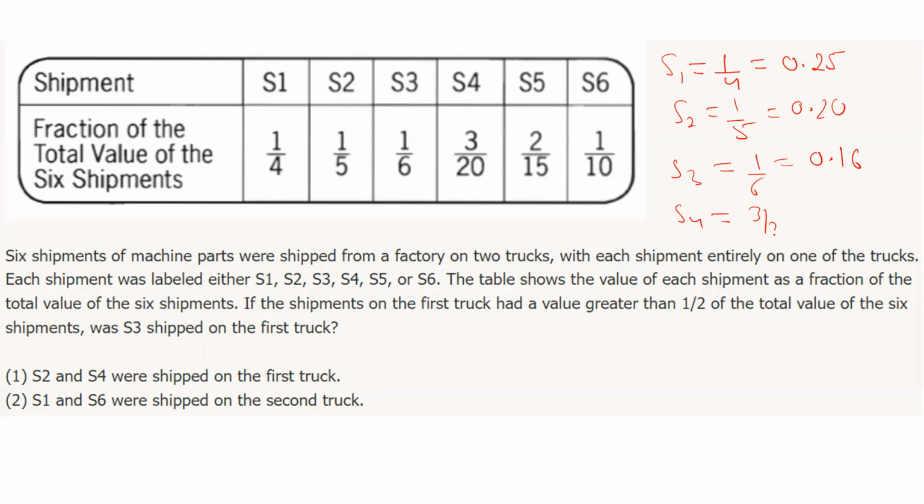S4 is 3/20, which comes to nearly 0.15. S5 is 2/15, which comes to 0.13. And S6, that is 1/10, is directly 0.10.